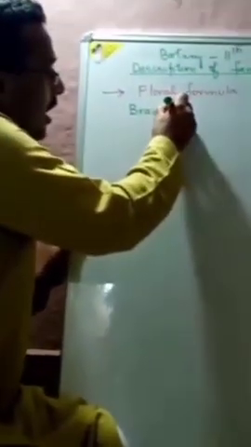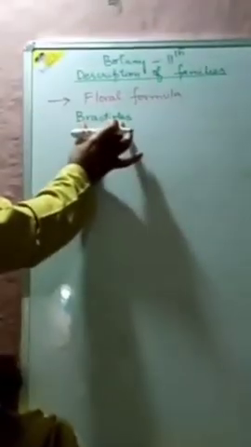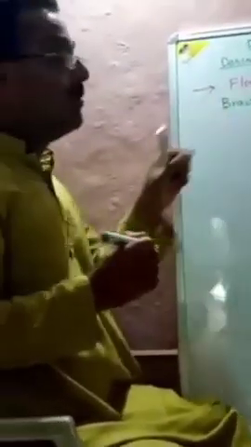For example, if bracteoles are present in the flower, in that formula we do not write the complete word bracteole, but it is simply described as BR. This BR simply signifies the bracteole.